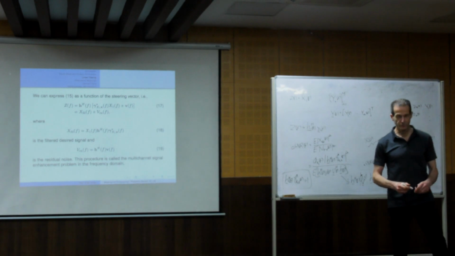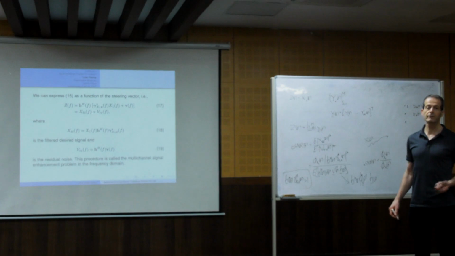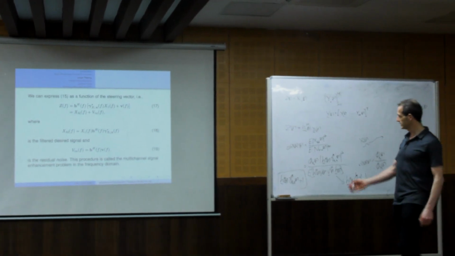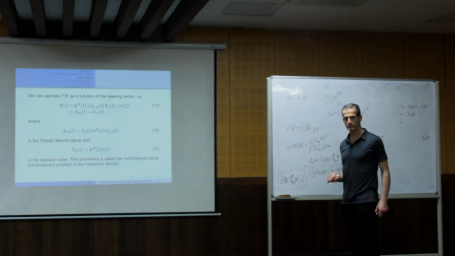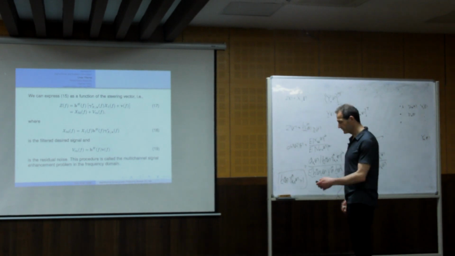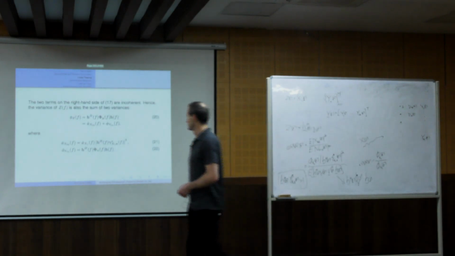If it's 1 for all frequencies, what do we get? MVDR filter. So this will be the constraint when we derive the MVDR filter. If it's not satisfied, necessarily we will have some distortion. Okay? Questions?